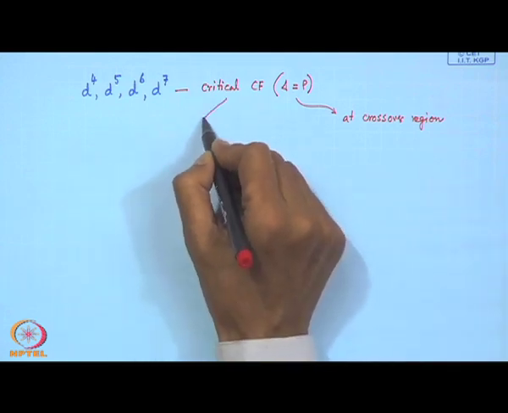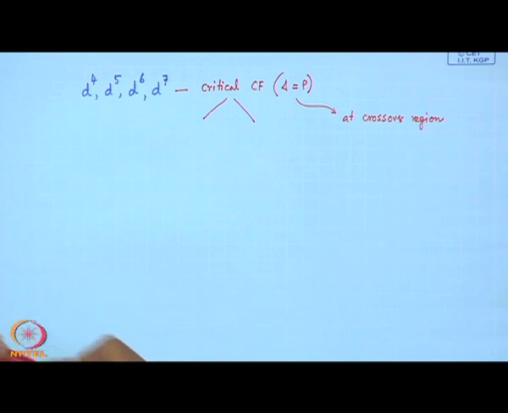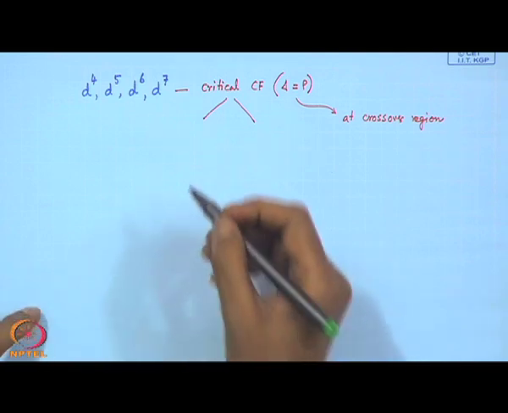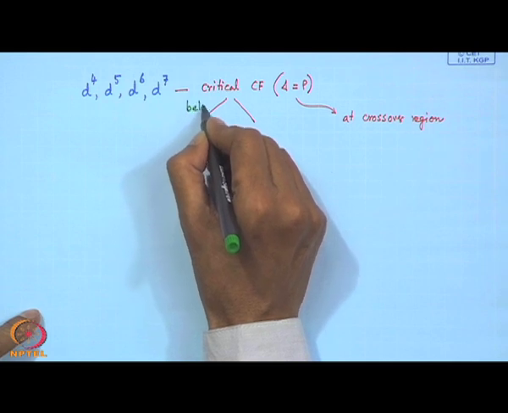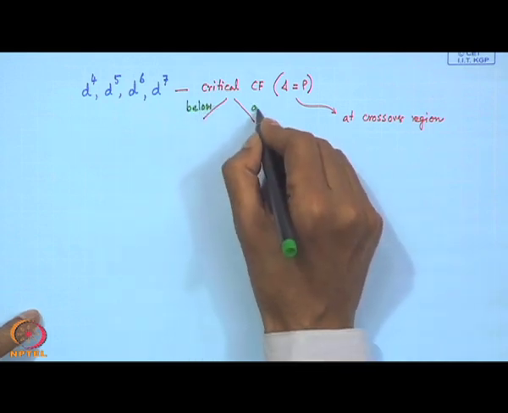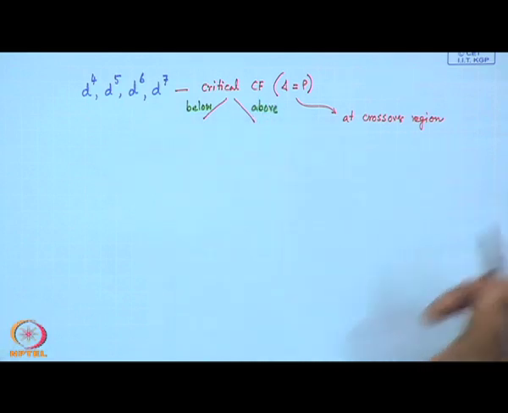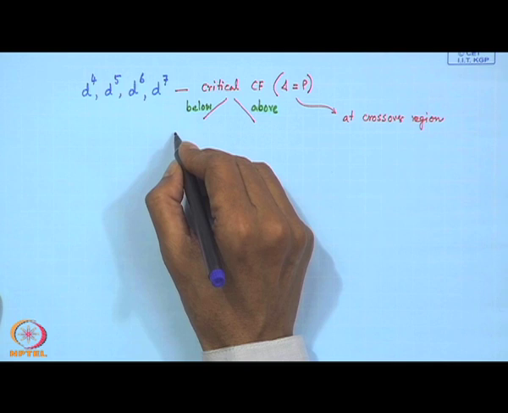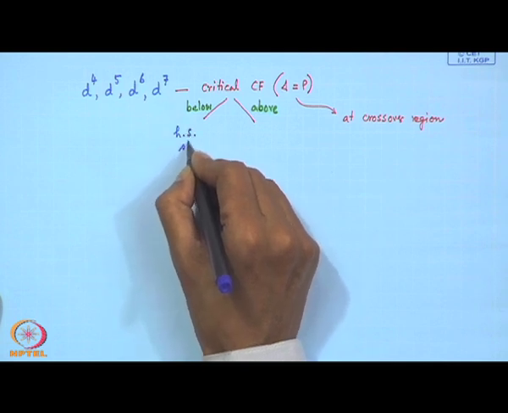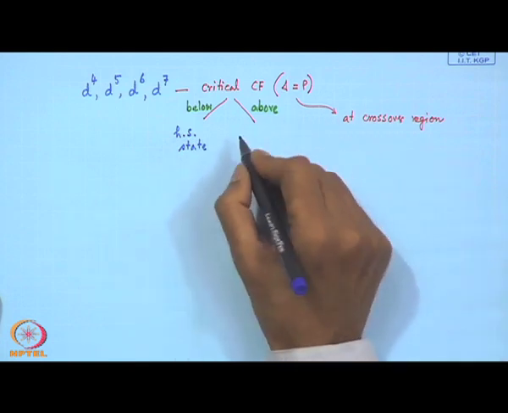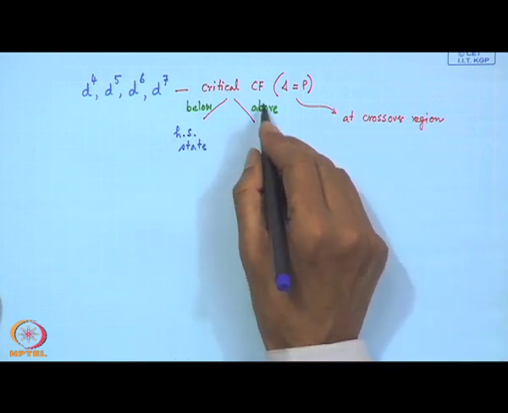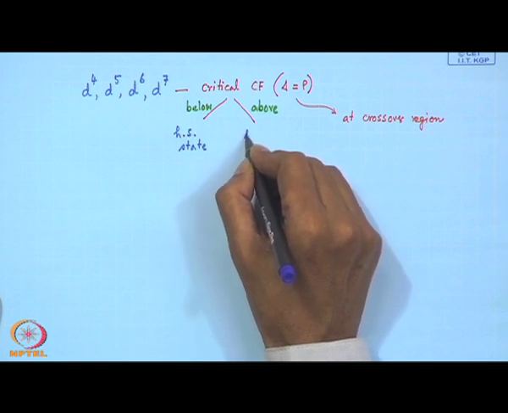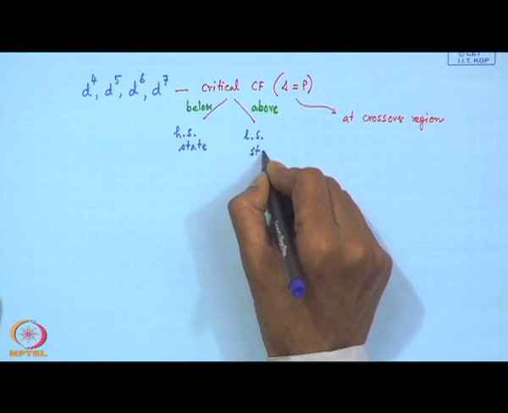So, at this critical crystal field, we have two situations, below this critical field and above this critical field. Below the critical field, the high spin state is of low energy, and above this critical crystal field the low spin state will have low energy.